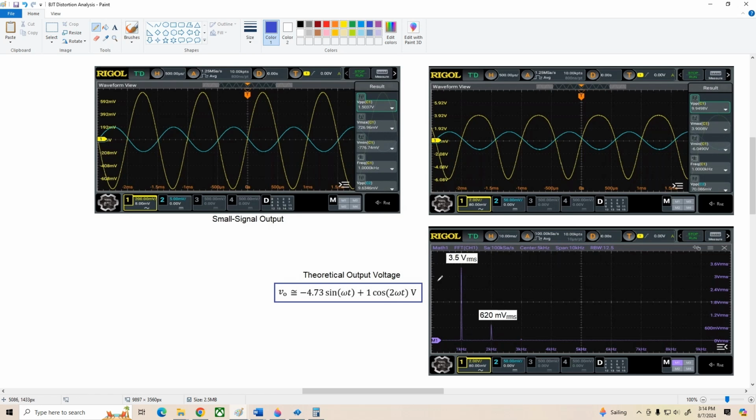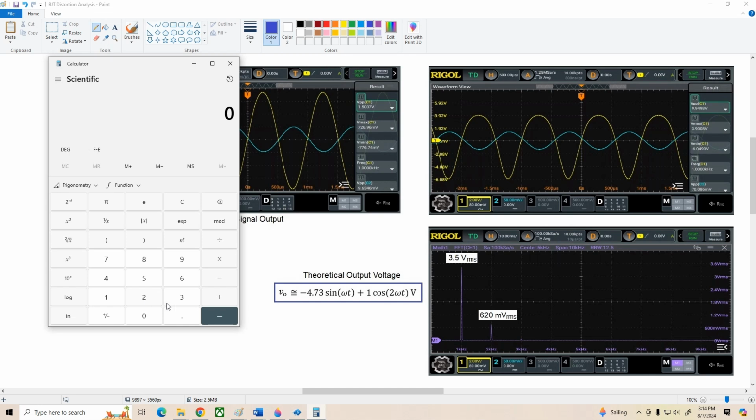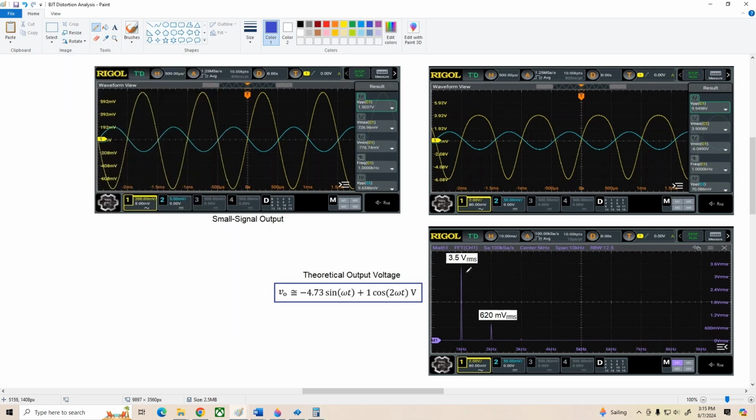But anyway, here's our theoretical output voltage, and let's see how that compares with our spectrum here. 3.5 volts RMS converted to peak is 3.5 times the square root of 2, which gives us about 4.9 volts peak. Okay, so this peak is 4.9 volts, which correlates pretty well with our theory.